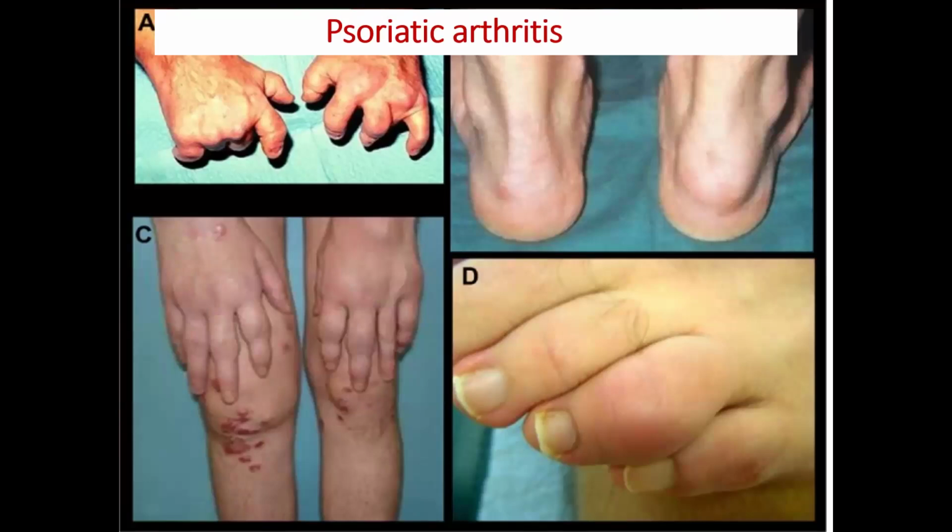Psoriatic arthritis, characterized by the characteristic psoriasis rash, dactylitis, sausage-like fingers and toes, arthritis mutilans, also enthesitis to the Achilles tendon.